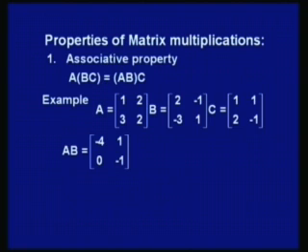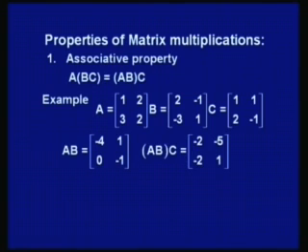So, this AB when multiplied by this C will give me this row multiplied by this column as minus 2, this row multiplied by this column as minus 5, this row multiplied by this column as minus 2, second row multiplied by second column of C gives me 1.